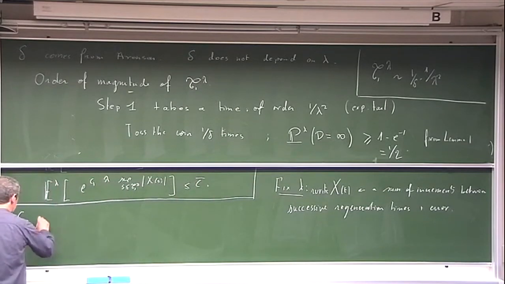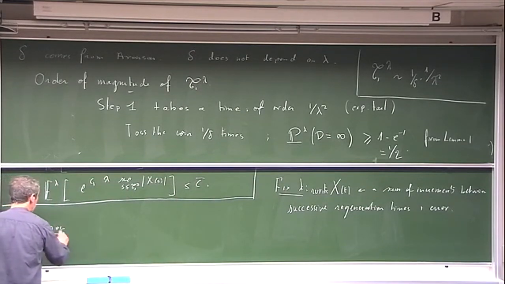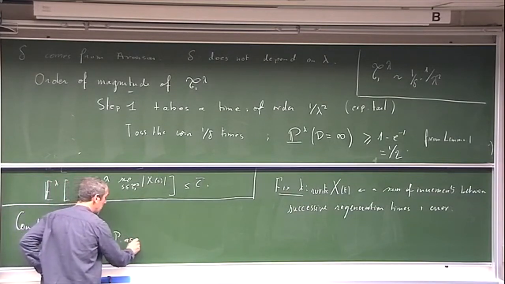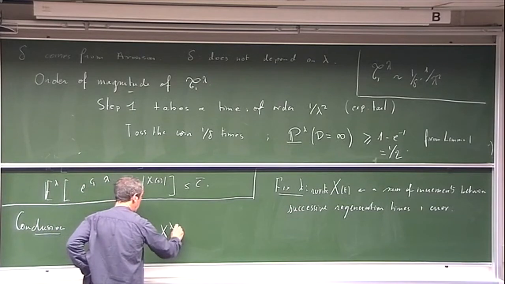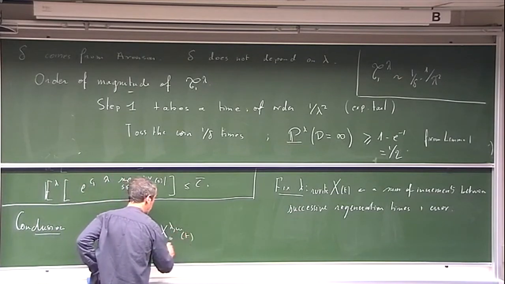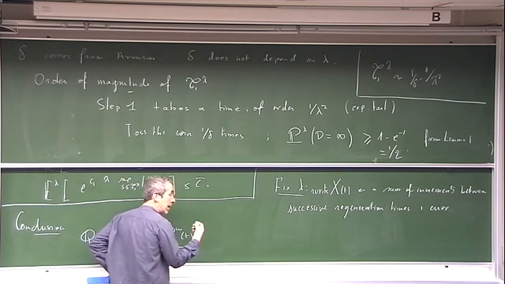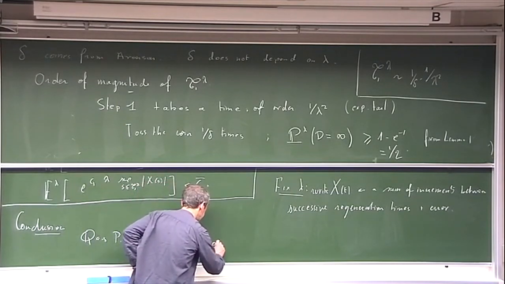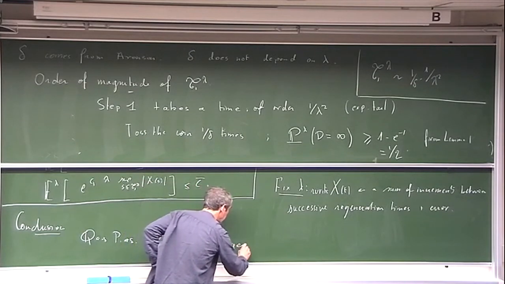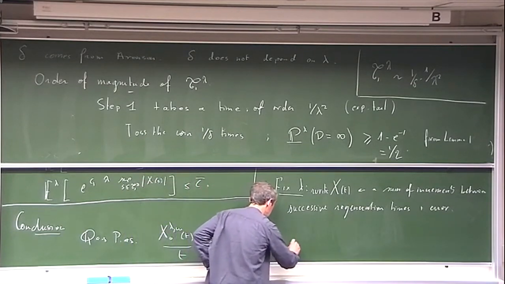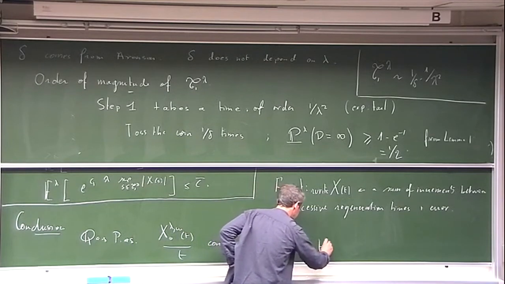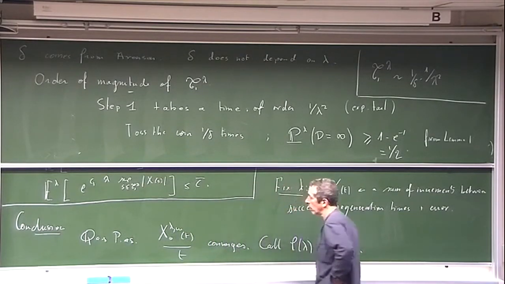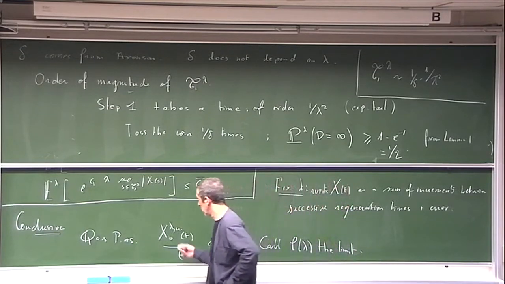So conclusion, you prove that Q almost surely, you have this law of large numbers. That is, if you look at the position at time t divided by t, then this has a limit, and this limit is a deterministic number. So that converges. And we call L of lambda the limit. So this is the law of large numbers for the position.